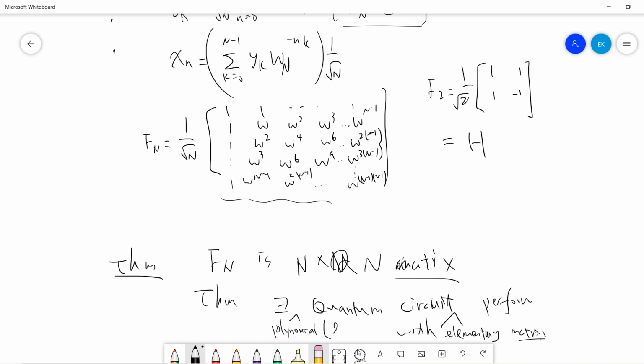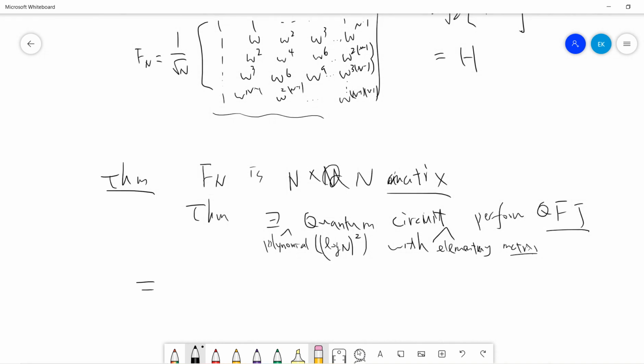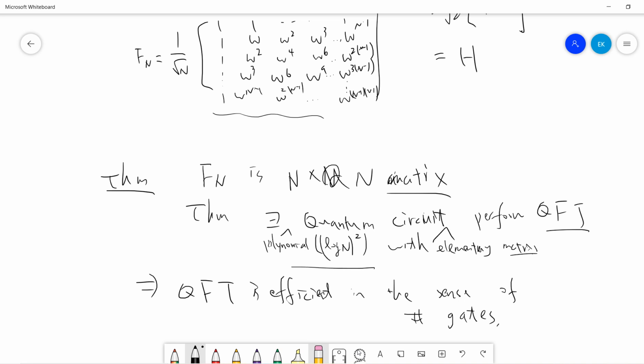I should say it's log N squared. So basically you only need log N squared gates. The number of gates in the quantum circuit can be chosen to be log N squared, which performs the QFT, the quantum Fourier transform. That means the QFT is efficient, efficient in the sense of the number of gates. You only need about log N squared to perform it.